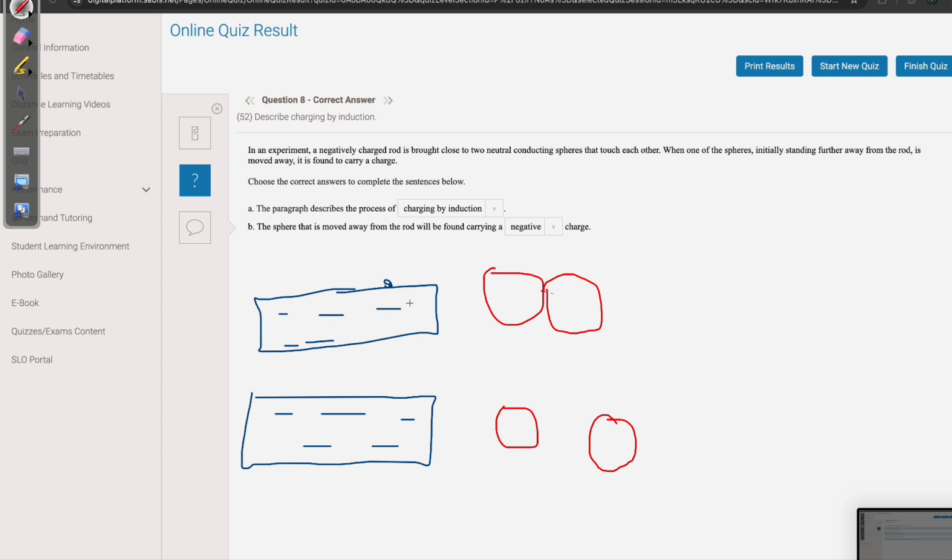So some electrons moved from here, went to the sphere, and then from this sphere to here, and now it has a charge.